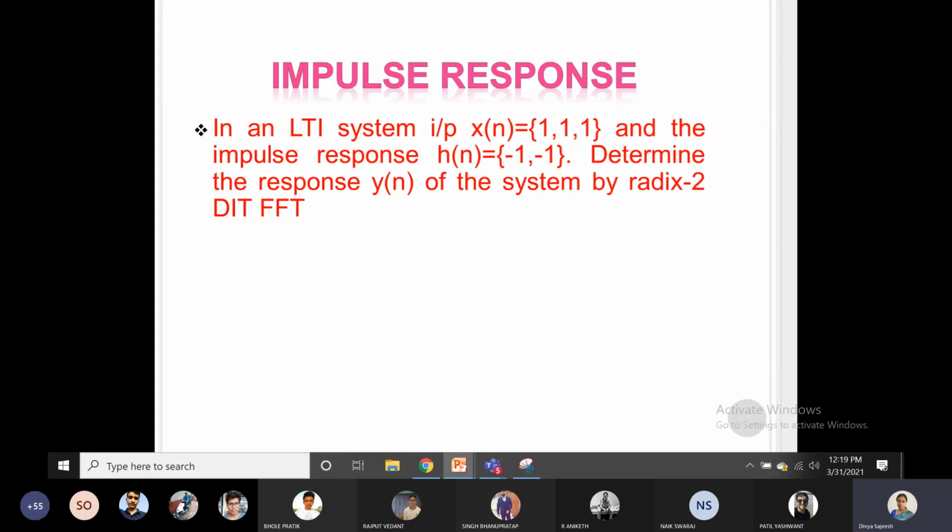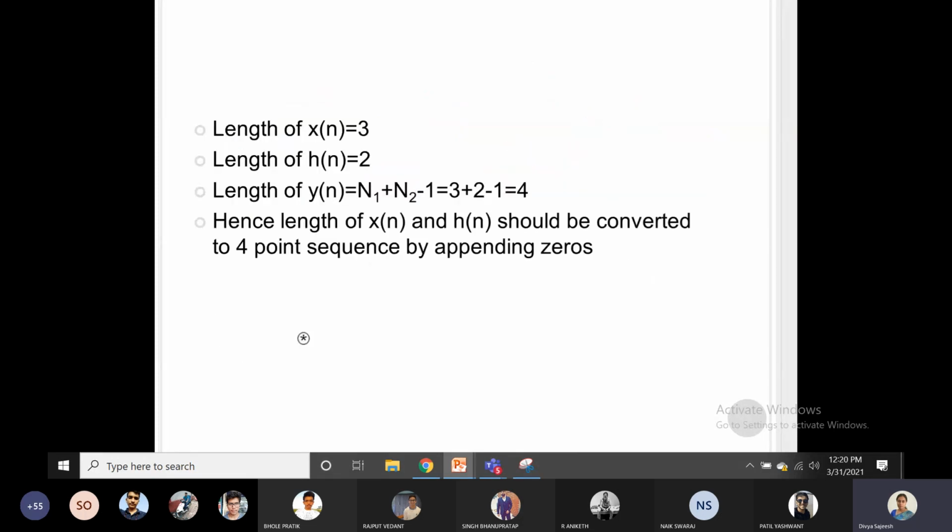You can do the circular convolution by the DFT method. The DFT of the circular convolution of x of n and h of n is X of k times H of k. Before that, we need to make the lengths of x of n and h of n equal to N1 plus N2 minus 1, which is 4.